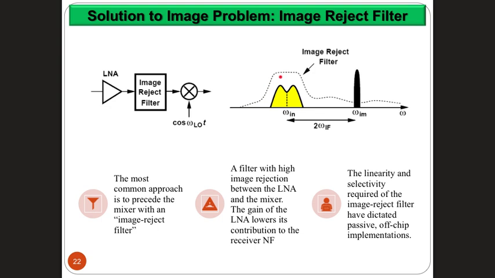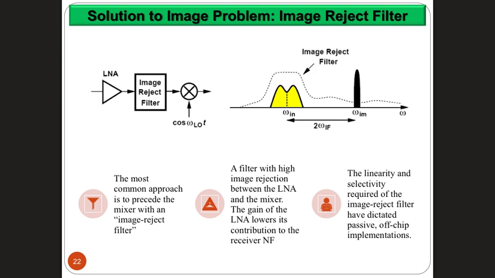Typically, the image rejection filter is a filter between the low noise amplifier and the mixer. And the reason that it's put after the low noise amplifier is because the existence of the amplifier lowers the contribution of that filter to the noise figure.